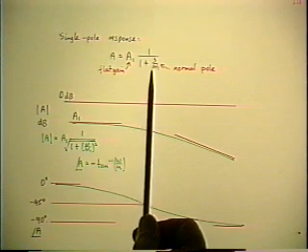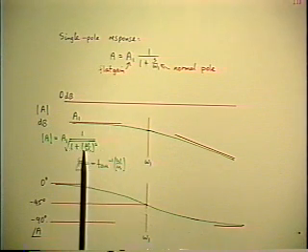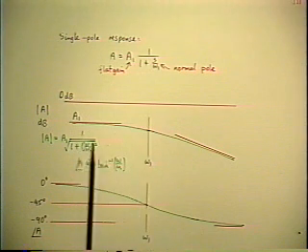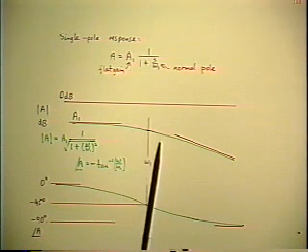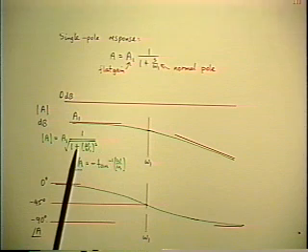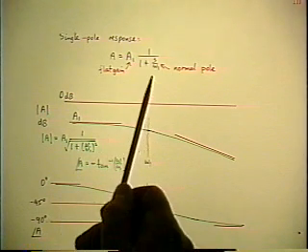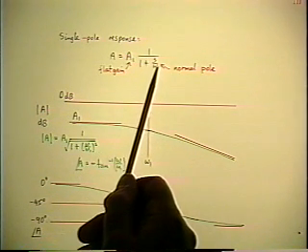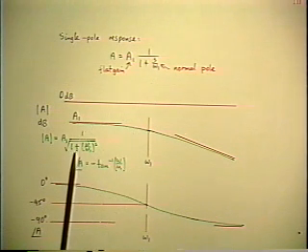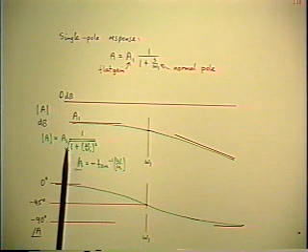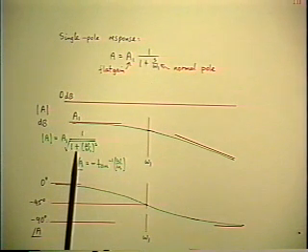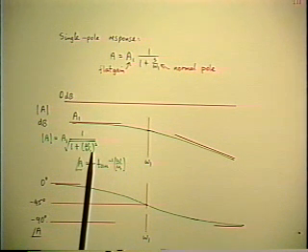Although the actual function for the magnitude does not go through that sharp corner, the actual function is the green line, and here's the full formula for the magnitude. When you have a complex function, because S is j omega, remember, the magnitude of the complex function is the square root of the sum of the squares of the real and the imaginary parts.